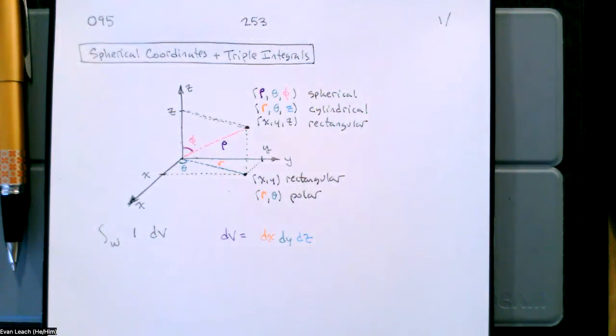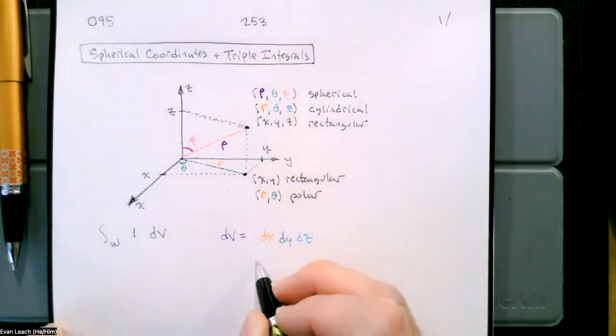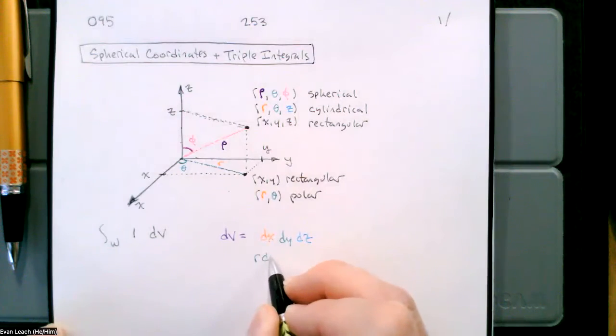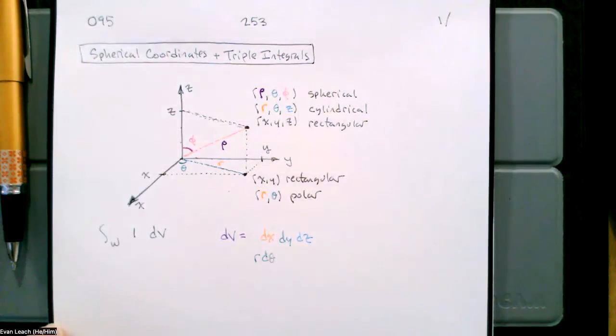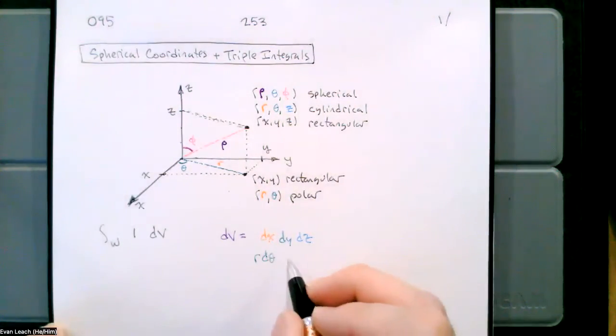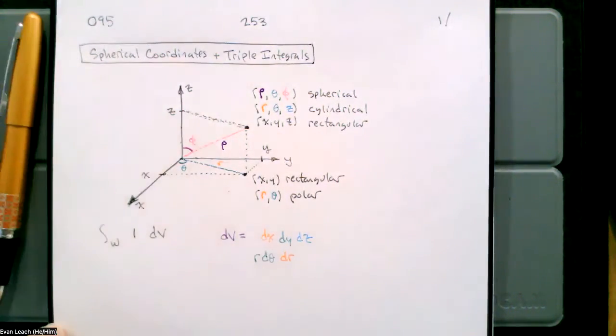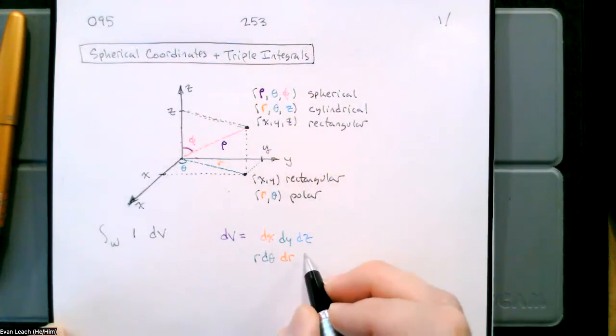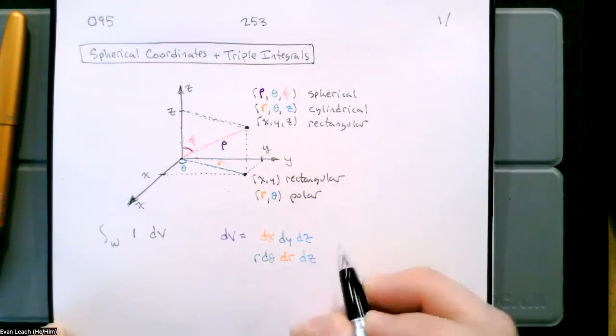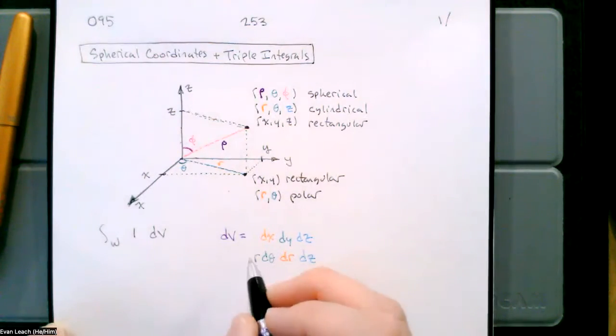In cylindrical coordinates, we had to make adjustments. We couldn't just take dy and replace it with d theta, because d theta is not a length. We have to convert d theta into a length with arc length. So r d theta is the arc length for the d theta. dr is a length, so that contributes to volume, and dz is also a length, so that contributes to volume.